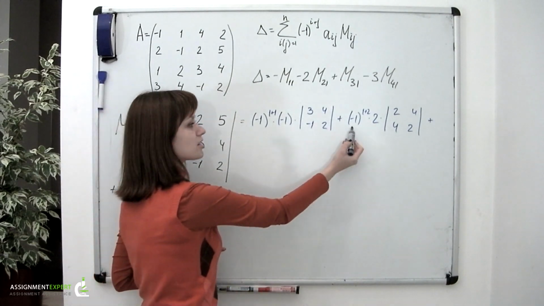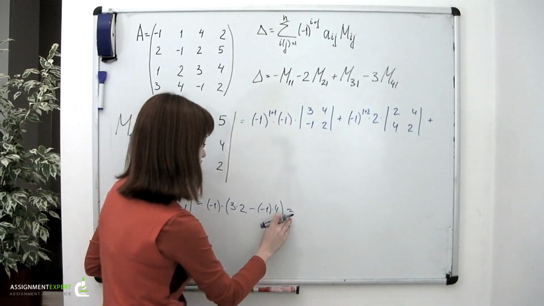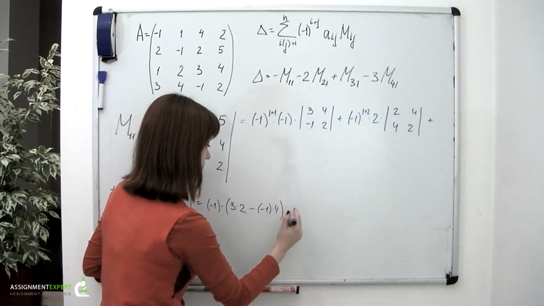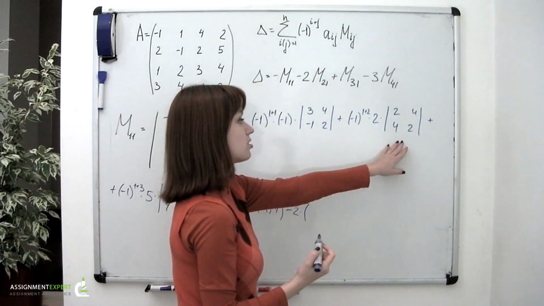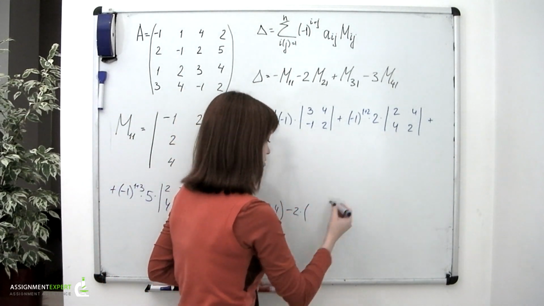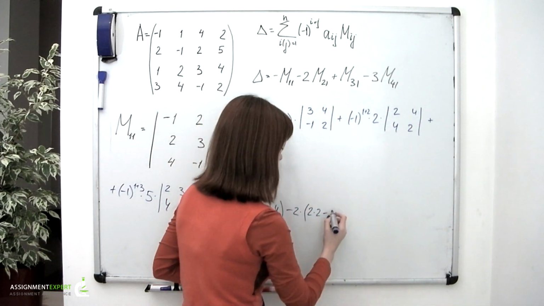Then negative 1 to the third is negative 1 times 2, gives us negative 2. And we multiply it by this determinant, which is 2 times 2 minus 4 times 4.